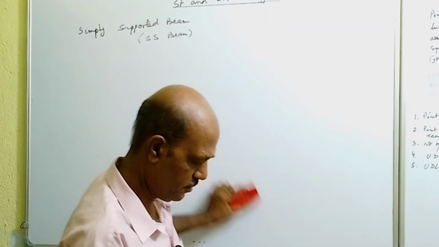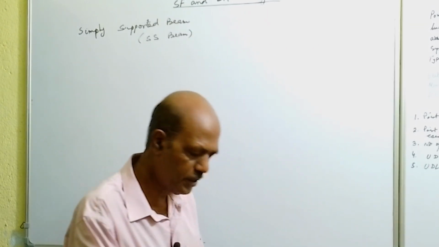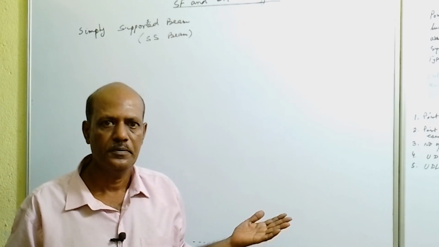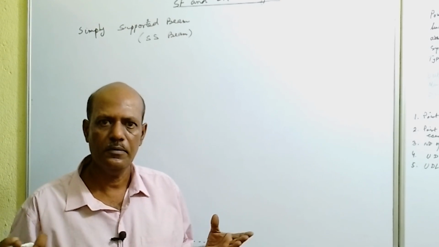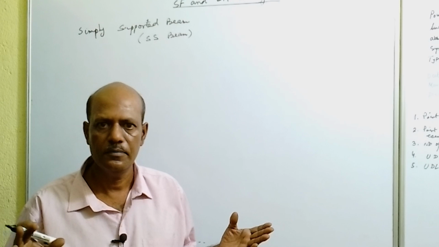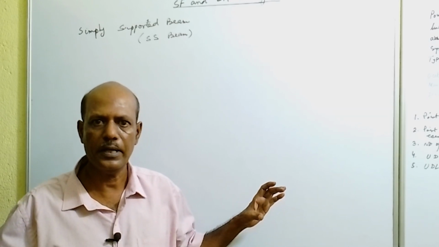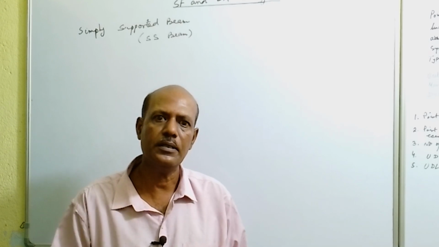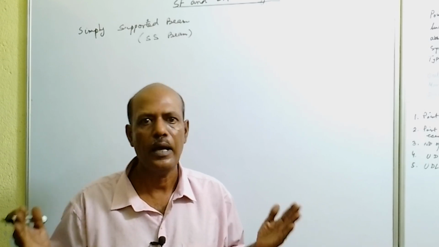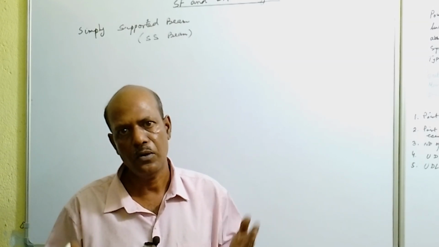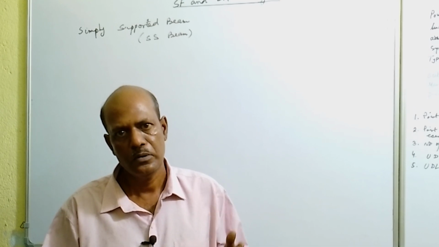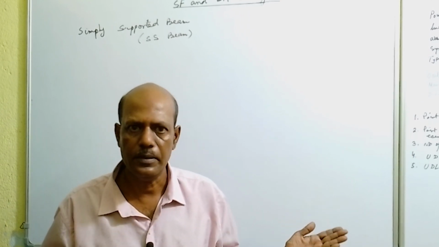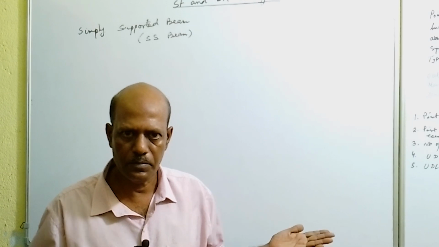So from this simply supported beam, what we have seen is the definition of beam, that is a horizontal member in which one of the dimensions is much larger than the other two dimensions, and which takes all the loads vertical to its axial plane. That is the definition of beam.